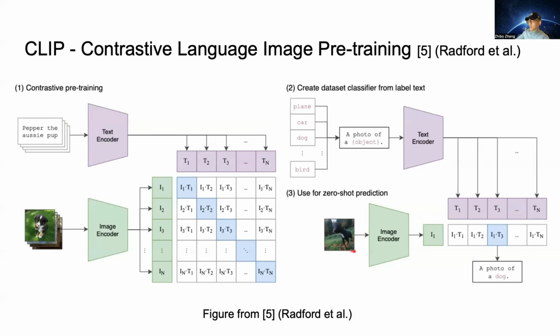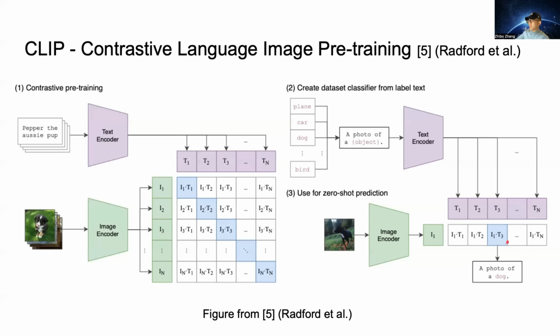Okay, for the input image in question, same thing. For example, here it's a dog image, right? It can be fed into the image encoder to get its corresponding representation, okay? In order to get the prediction of the label class, or the image class, what they can do is directly match the image representation with the corresponding text representations, and then find the highest similarity score.